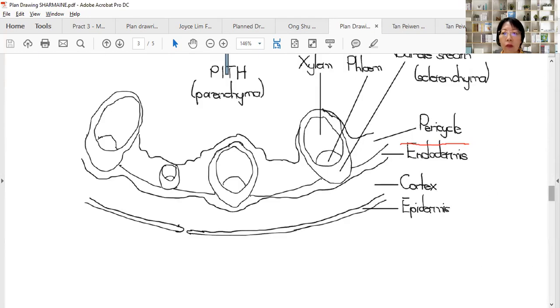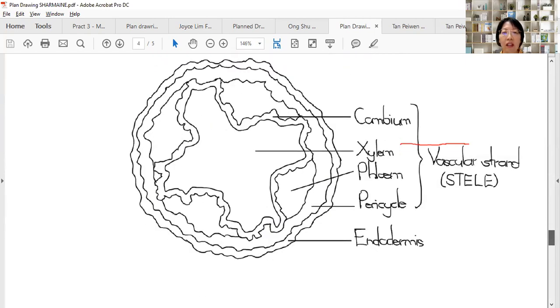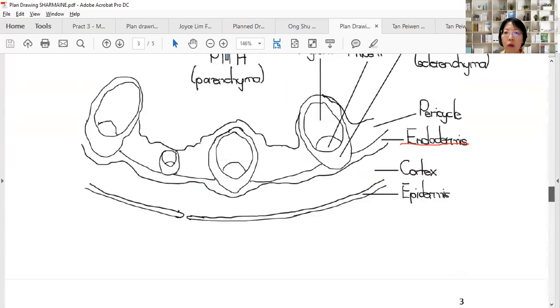So no separate layer for endodermis. Also, no need to be very, very accurate. The border line, no need to enclose the wall shape of individual cell walls. Other than that, I think the labeling and everything is quite okay.